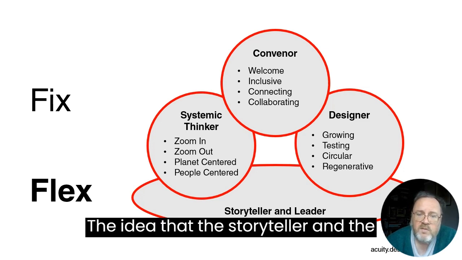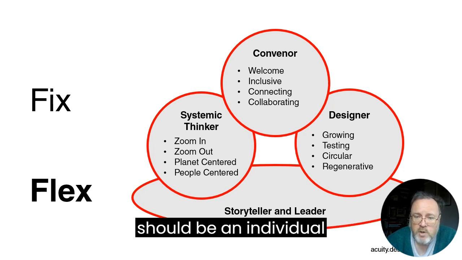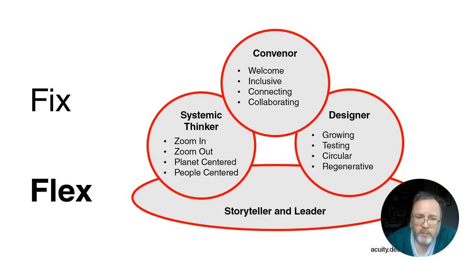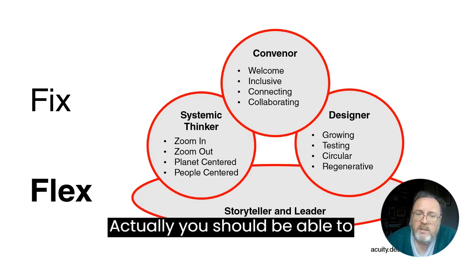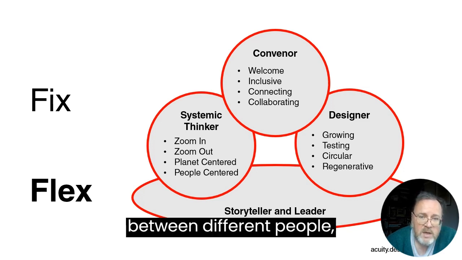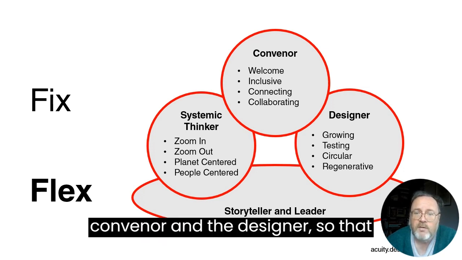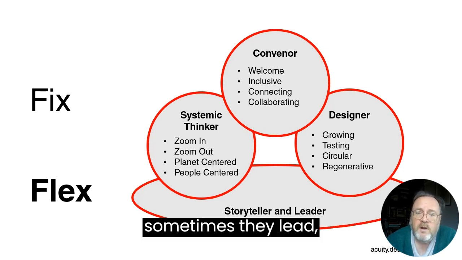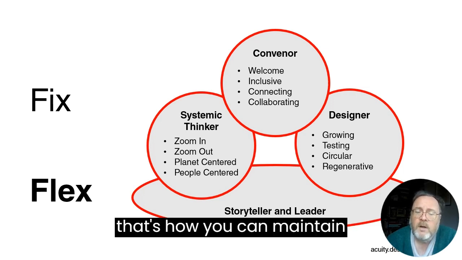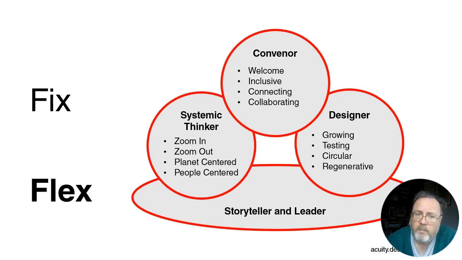The idea that the storyteller and the leader should be a permanent role, should be an individual, appears unhelpful. And actually you should be able to flex those roles between different people, between the systemic thinker, the convener, and the designer, so that sometimes they lead, sometimes they're the storyteller. And that's how you can maintain principles in projects.